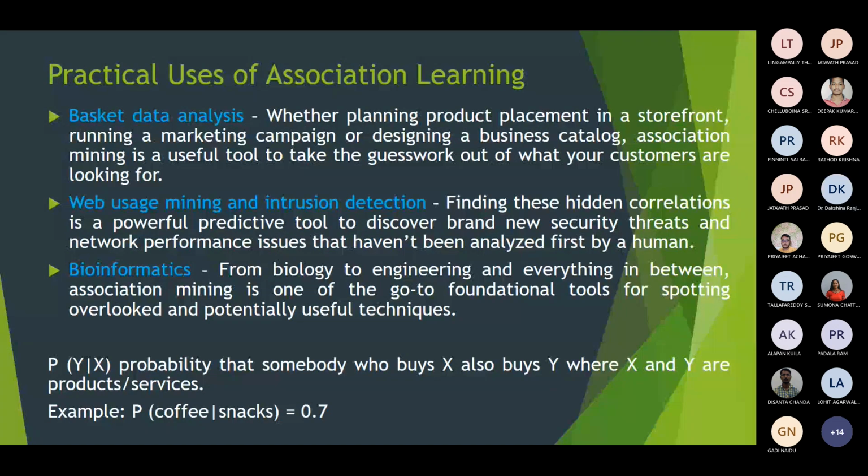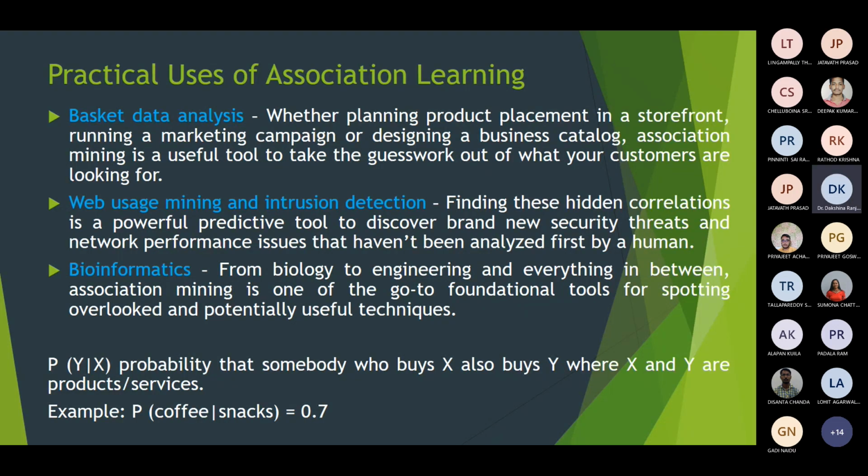Now if we consider the practical uses of these machine learning approaches, we can take several examples. For association learning, we can have many examples, but here we will take a simple example and try to understand how the association rule works to establish the hidden relation between different variables or features.